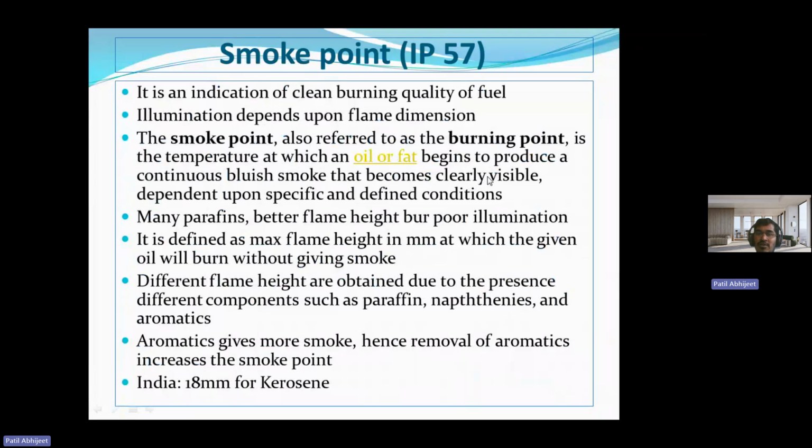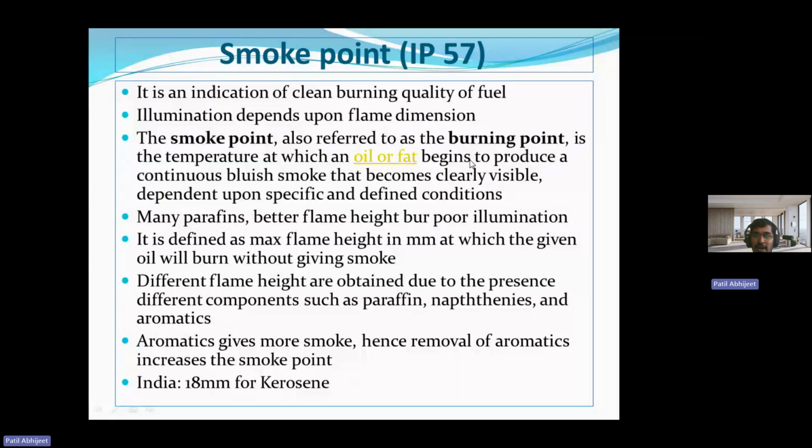The smoke point is the temperature at which oils or fats produce bluish colored smoke that is clearly visible, and it depends totally on specific and defined conditions. So that we call the smoke point.